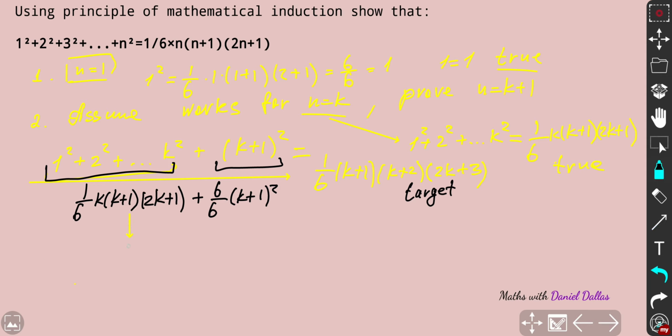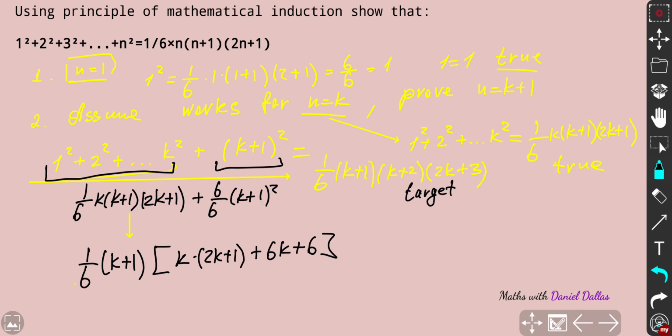Let's come to a common denominator, or just factorize. Factorizing 1 over 6 times k plus 1 is possible. So k plus 1 stays here, and in the brackets, what's left? We're left with k times 2k plus 1, and plus 6k plus 6, because k plus 1 is factored out and we expand the brackets.